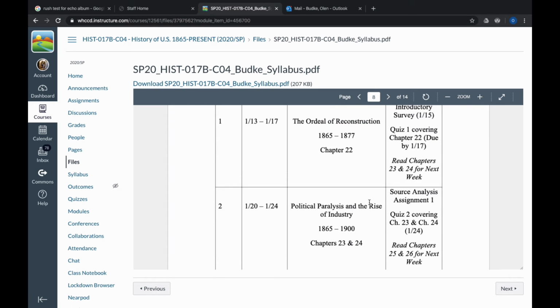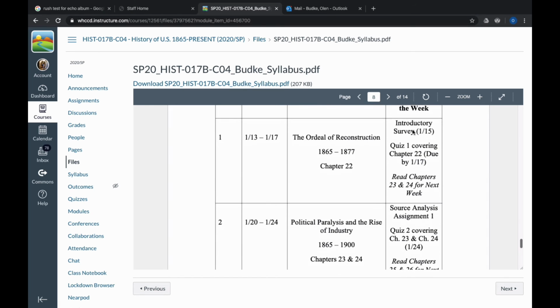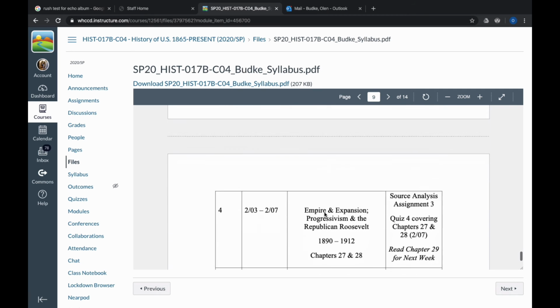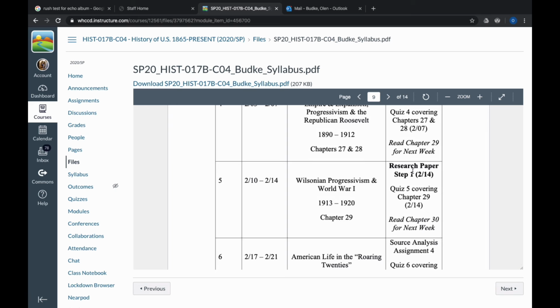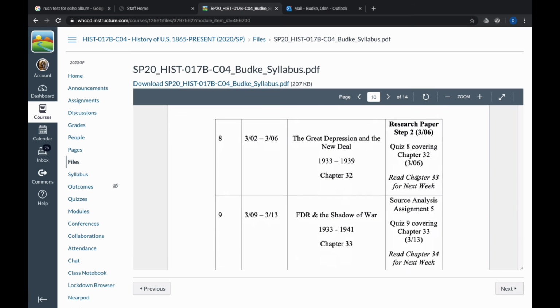All right, so over here, we've got the coursework, the things that are due, the things you need to be working on. And over here is just kind of an overview of what time period and what topic we're covering in that given week. If you look ahead, we've got step 1 of the research paper due on February 14th. Step 2 of the research paper due on March 6th.